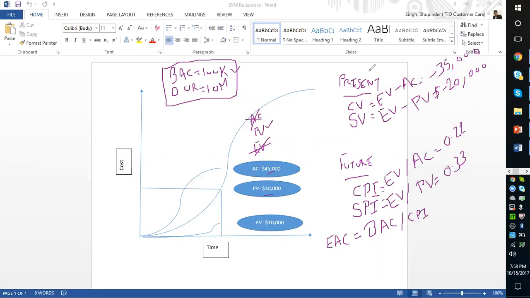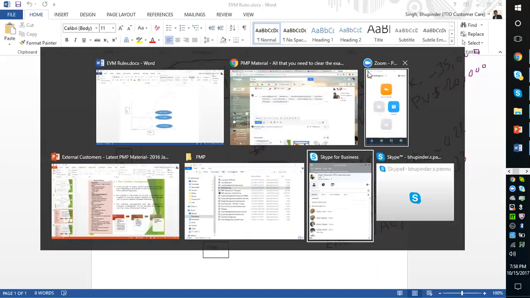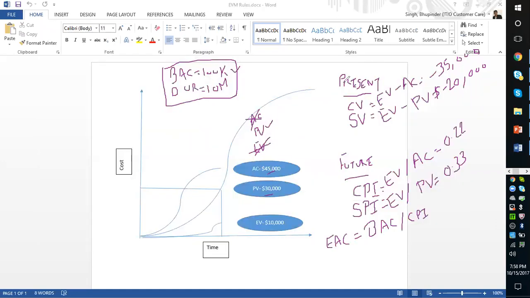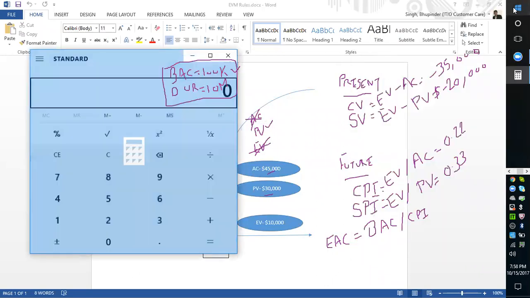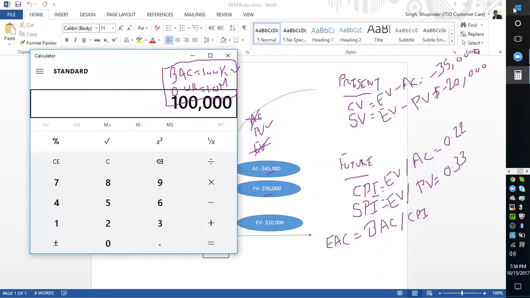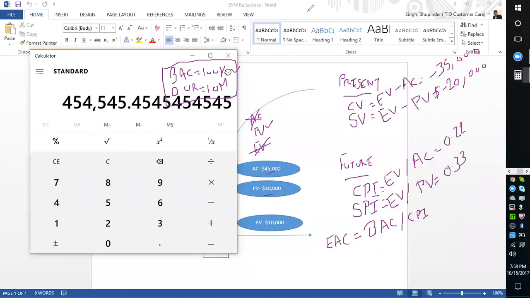So my budget was $100,000 divided by 0.22. That means I need $454,000 odd dollars. $454,545 is what I need to get this project completed.